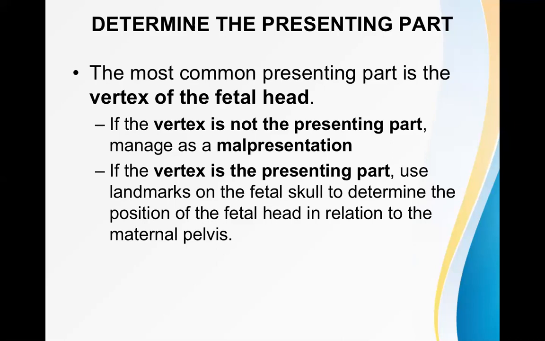We know this already. Other types of presentation can be breech presentation, shoulder presentation. The different points are there, but the most important or the most common one is vertex. If the vertex is not the presenting part, it is called malpresentation, and we should manage accordingly. Now this is a complicated type of labor.